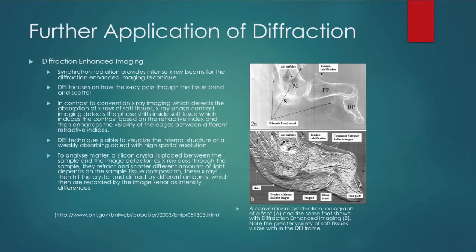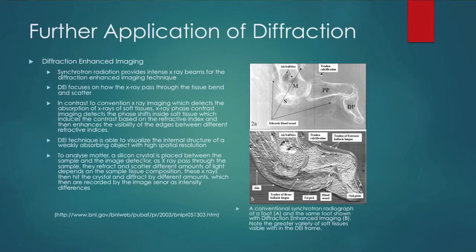Furthermore, there are many other uses of diffraction, or at least the principles of diffraction. For example, diffraction enhanced imaging, which relies on synchrotron radiation, basically produces intense X-ray beams.